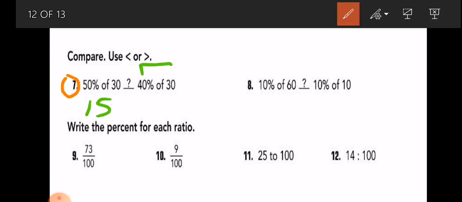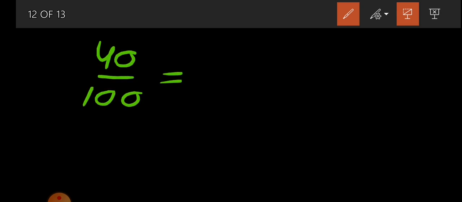Let's see the second part here, 40% of 30. 40% is 40 over 100 equals what from the 30? Cross multiplication: 30 multiplied by 40 divided by 100, but before that we can simplify. How can I simplify the 40 and the 100?